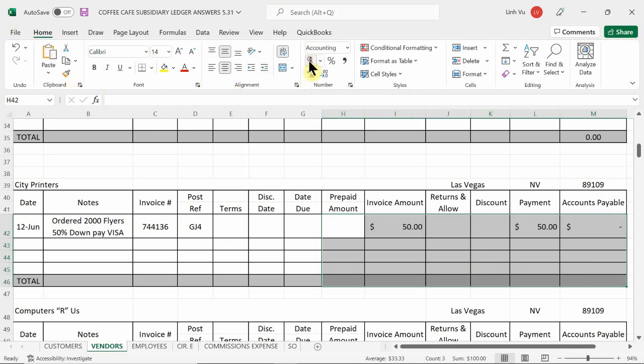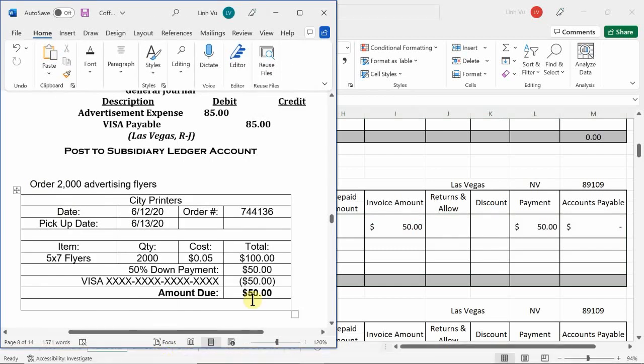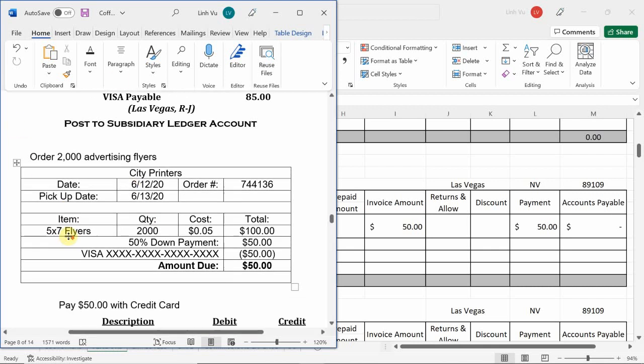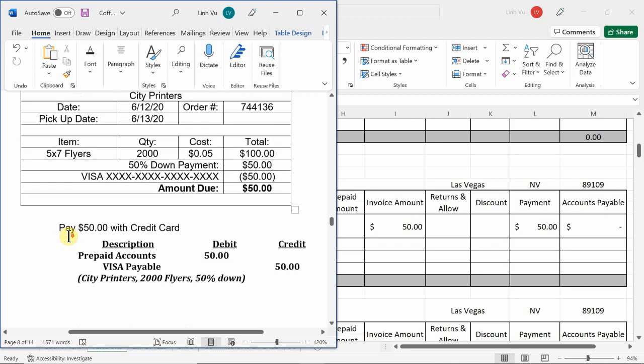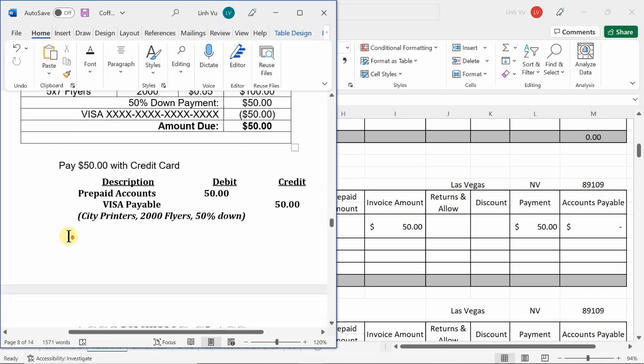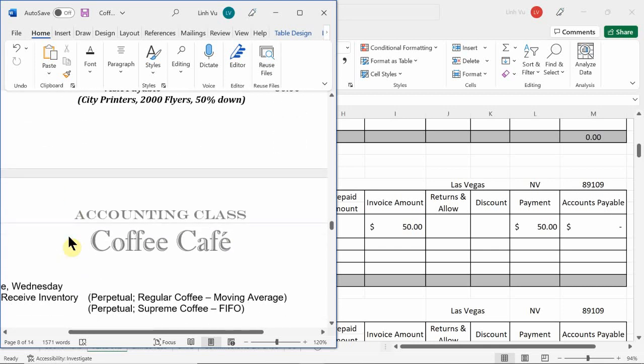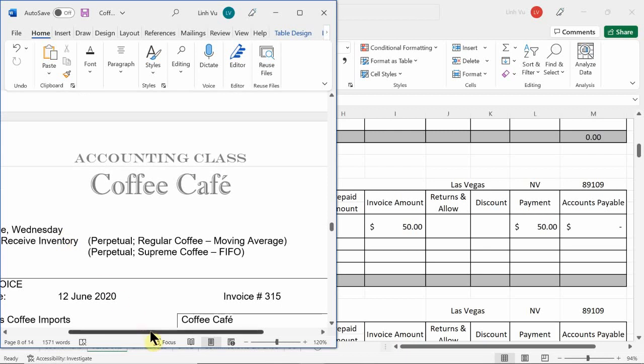Then we'll go ahead and fill in the rest of the information. Okay, let's see. All right. So we paid the $50 with a Visa payable. So let's see what happened next.